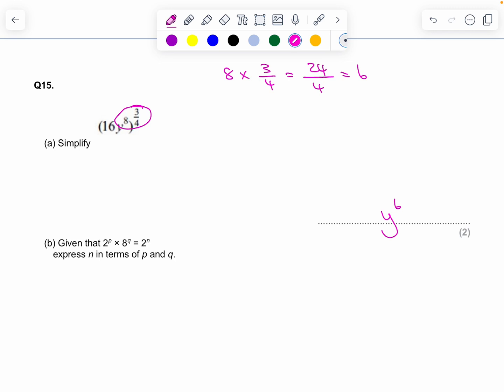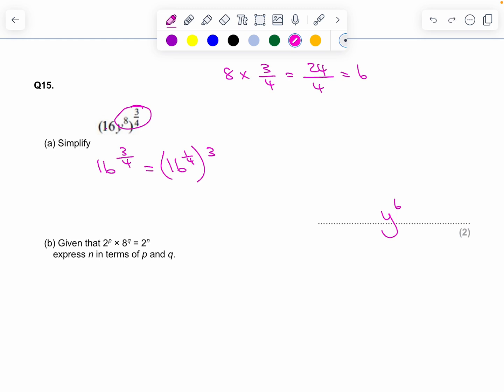But then remember, we've got to deal with the 16. So I've got to do 16 to the power of 3/4. And like we learnt in class, we've got to split the 3/4 up into 16 to the power of 1/4, and the 3 outside. So I've just split up the 3/4 into 3 and 1/4 there.